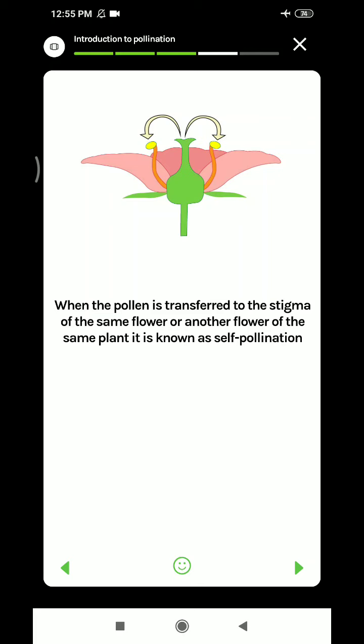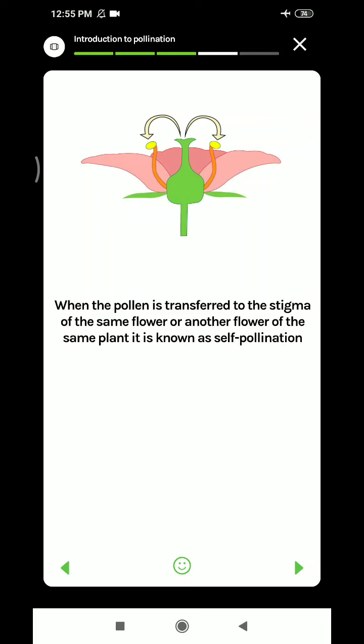In that anther only, the pollen grains will be there. For pollination, the transfer should occur between the pollen grain and the stigma. When the pollen is transferred to the stigma of the same flower or another flower of the same plant, it is known as self-pollination.